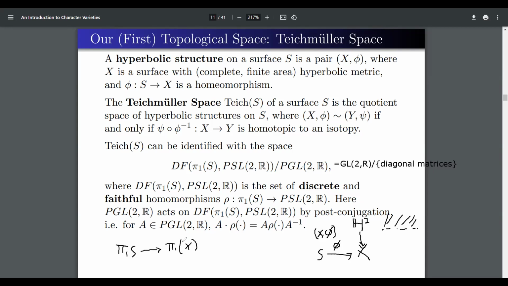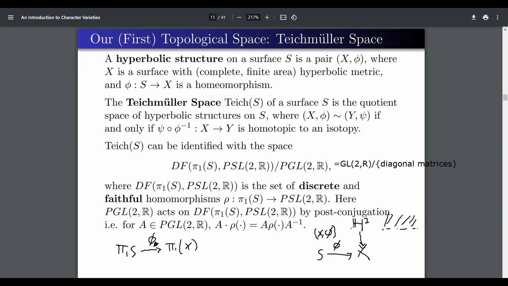It's just the map induced by phi itself. This is actually an isomorphism of groups. But the fundamental group of a surface is equivalent to the deck transformations on this covering map right here.